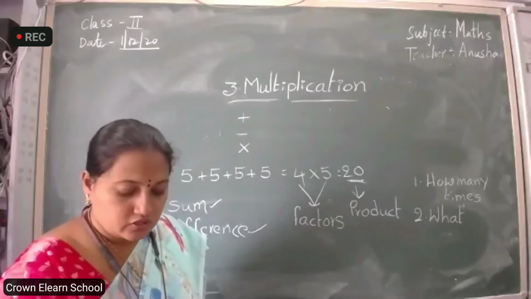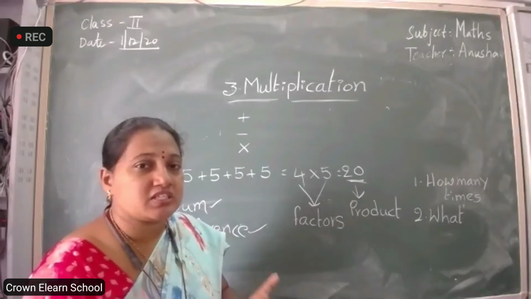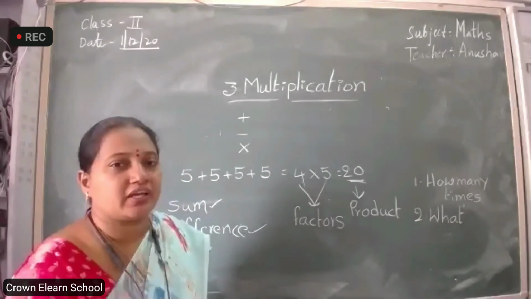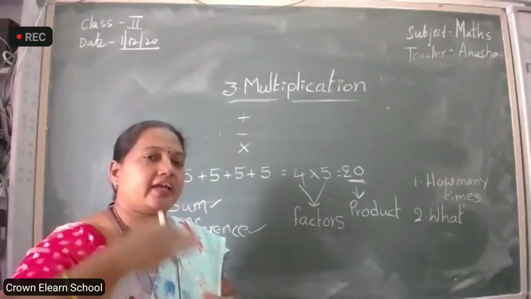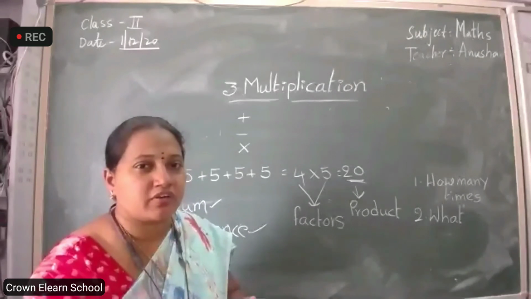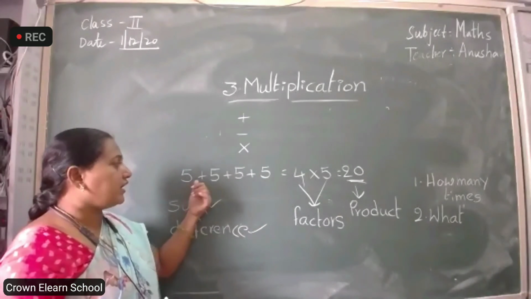Okay, Nana? So, what is multiplication? Multiplication means repeated addition. Continuously, again and again you will add. Same number you will add or different number? Same number. Observe here, we are adding 5 every time.